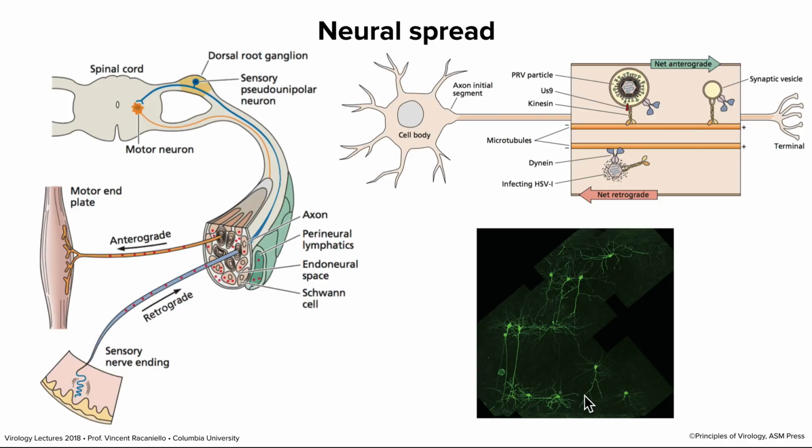And so you can see here, these are all synaptically connected neurons. And so the virus will move from a nerve terminus to the cell body, to another nerve terminus, to a cell body, and so forth. So this is being used in many laboratories to not only map connections, but to specifically infect certain neurons and see how they participate in different activities.